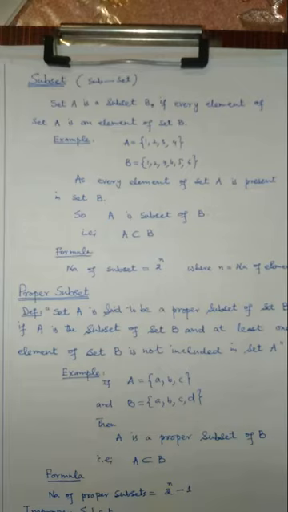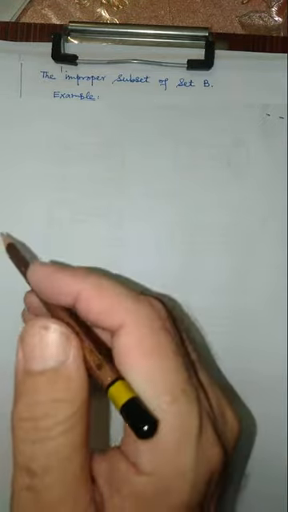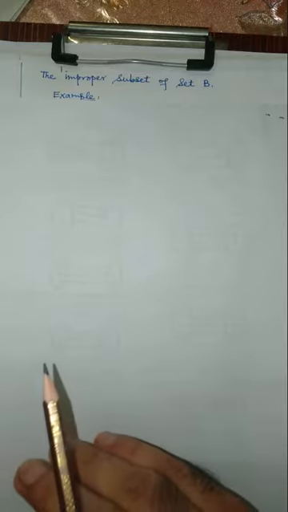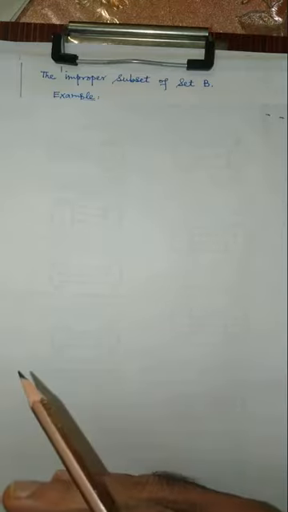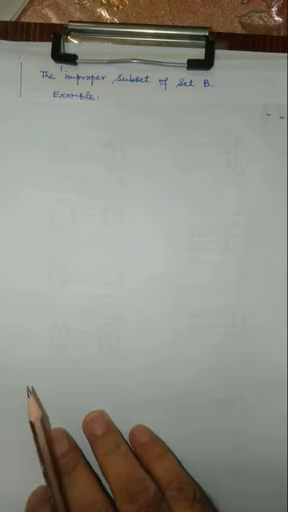Now improper subset. What is improper subset? If set A consists of all the elements of set B, that is A equals B, then set A is called an improper subset of B. If all elements of set A are present in set B and all elements of set B are present in set A, then this is called improper subset.